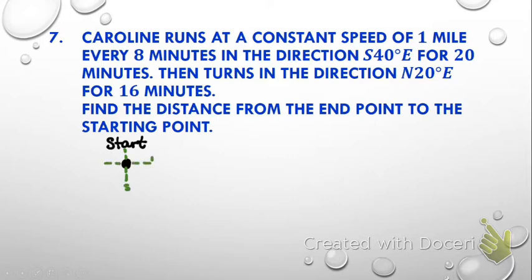So here's south, here's east, here's west. From where she starts, you said she heads south-ish, so I know I'm facing this way. And then am I going to go left or right from there? Right, because it says south 40 degrees east. So I want to go towards the east, which is towards the right on my compass rose.